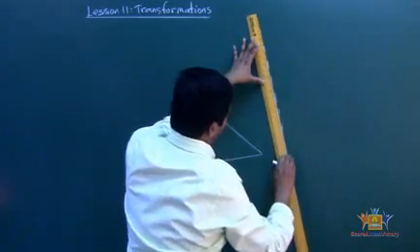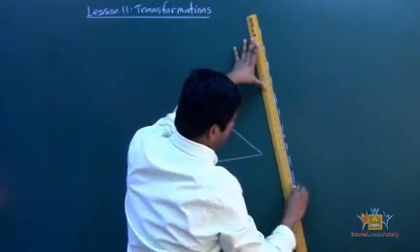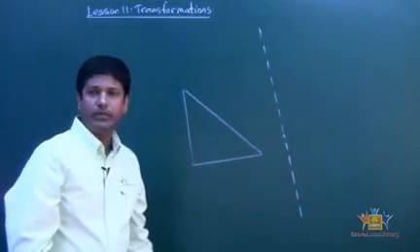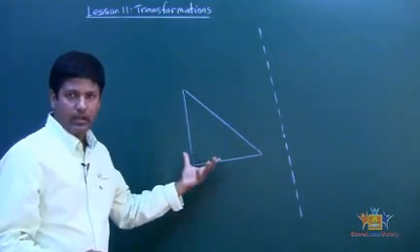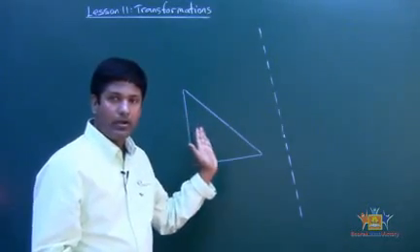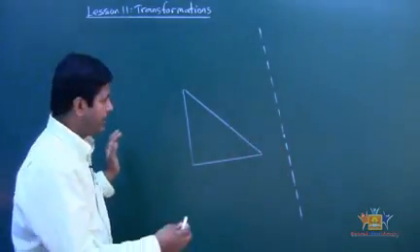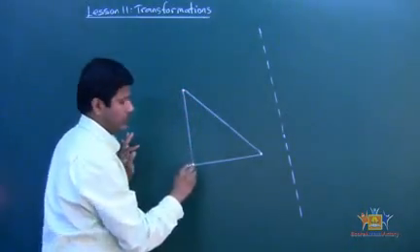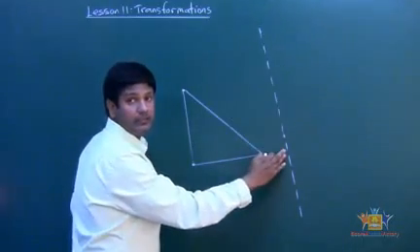And I want you to find the image of this object reflecting on this axis of reflection. So how do we do that? What are the key things that we need to know? First, in order for the object to reflect on this axis of reflection, all these points have to be joined by a line perpendicular to the axis of reflection.